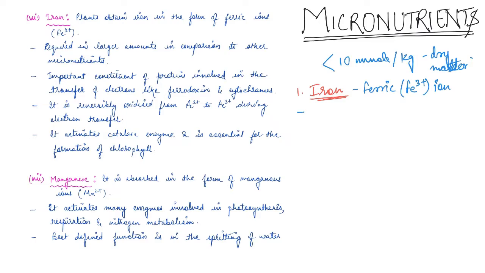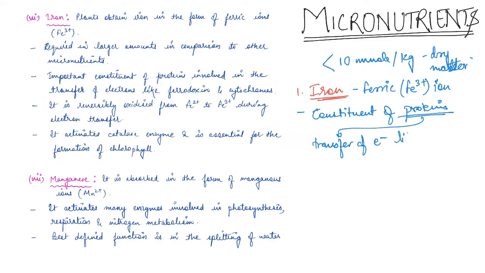It is an important constituent of proteins, and these proteins are involved in the transfer of electrons, like ferredoxin and cytochromes.